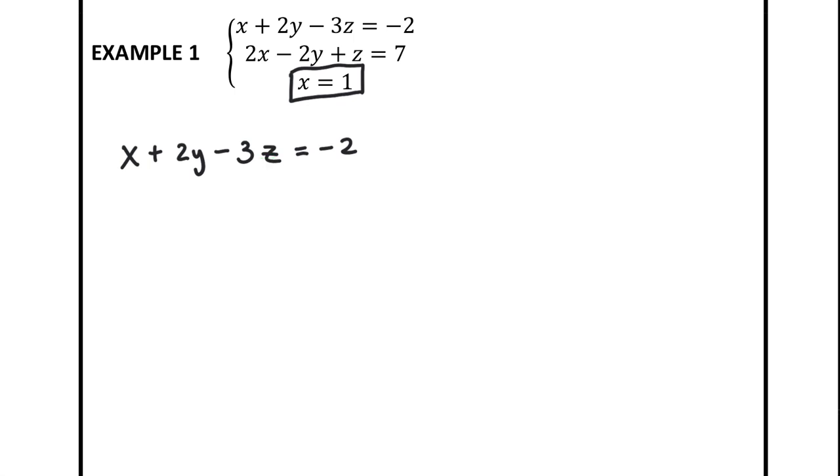So this is my first equation, and I know that x equals 1, so I can replace it. Instead of x, I'm going to put 1 plus 2y minus 3z equals negative 2.